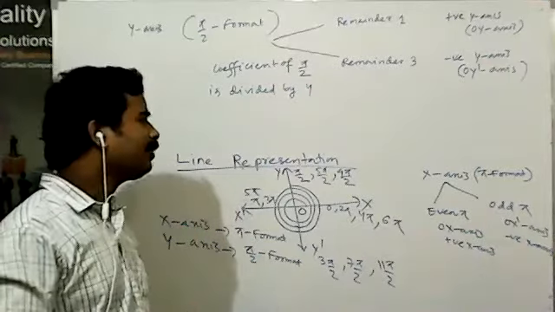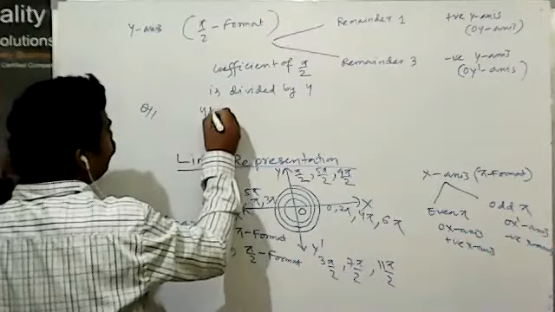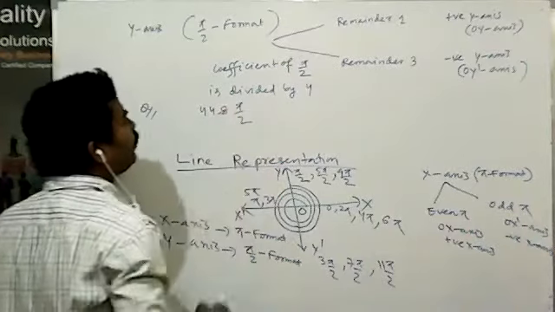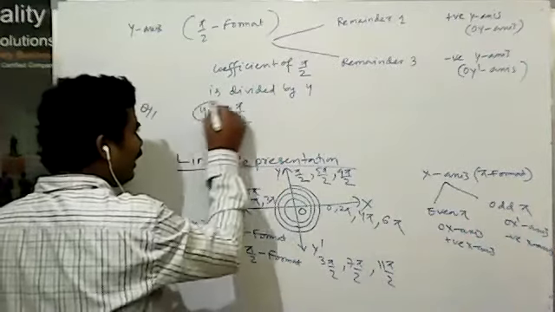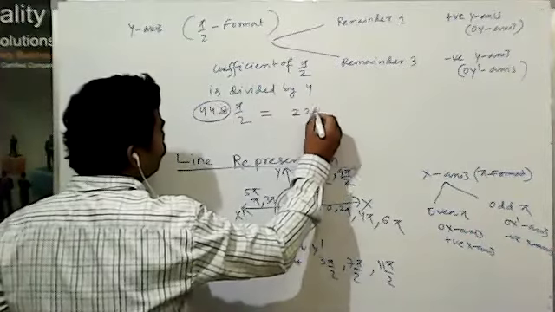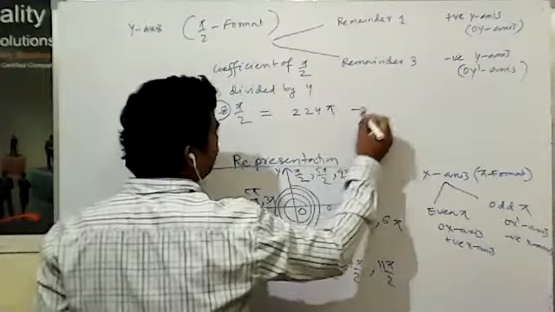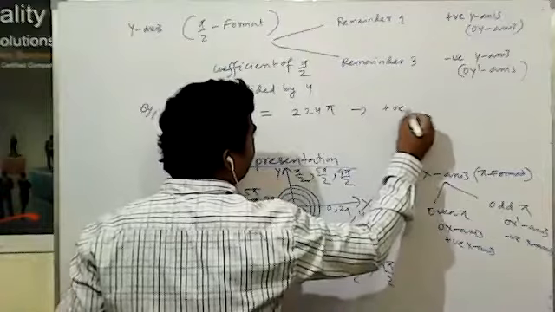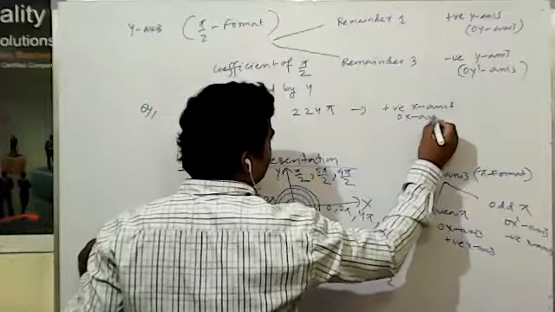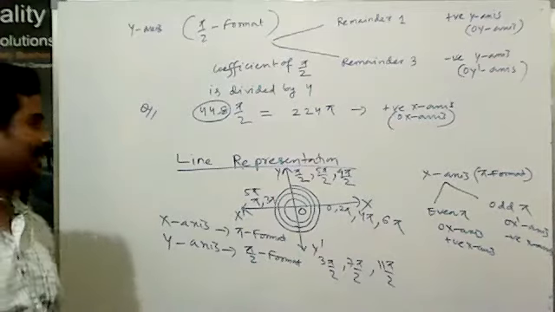Okay, now a question. Suppose 448 pi by 2. This is even, so you have to divide by 2. This is 224 pi, which is even pi. Even pi means a positive x-axis, the O x-axis.